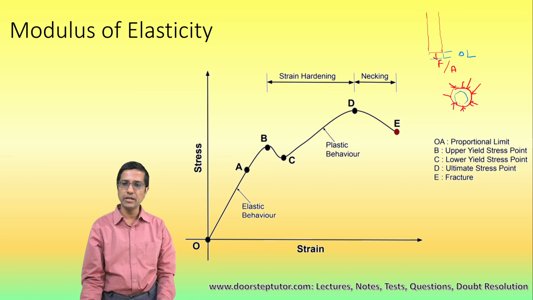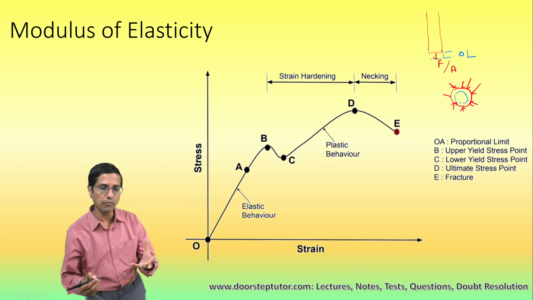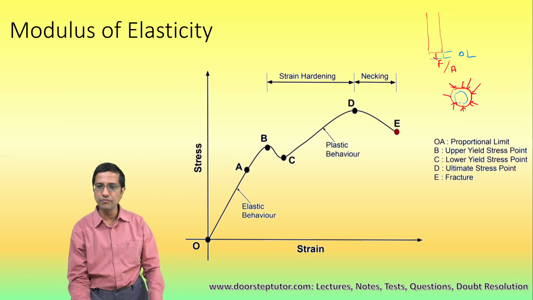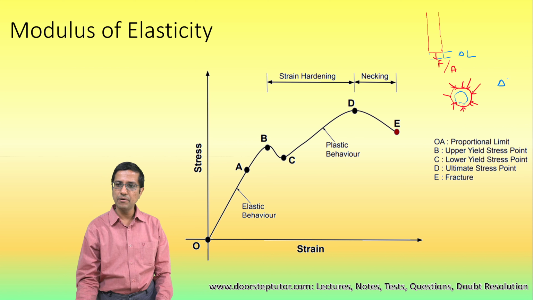It would reduce in volume. This change in volume can be my new definition of strain, and the force that I am applying from all sides, that can be my new definition of stress.